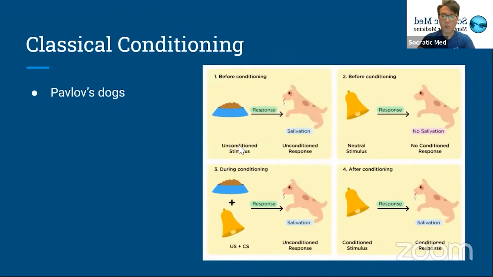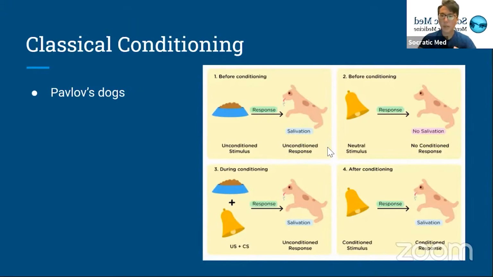When you presented the unconditioned stimulus, there would be a response, which is salivation. And that salivation is the unconditioned response because the dog didn't have to be taught to salivate when it saw food. This is before any conditioning happened. So we have the unconditioned stimulus that naturally and biologically causes the unconditioned response.